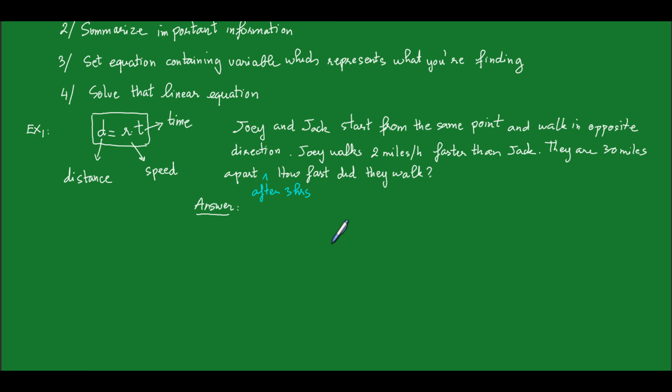So Joe and Jack start from one point here, and one goes this way and the other one goes this way. After 3 hours, so this is the start point right here. Joe is right here, and Jack is here.